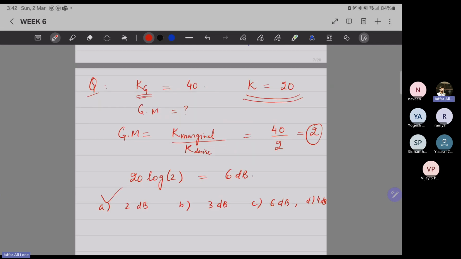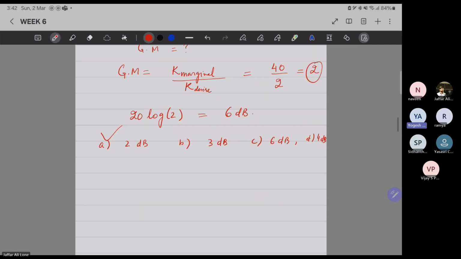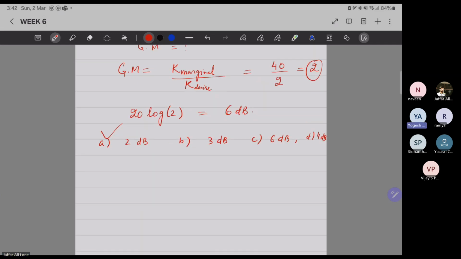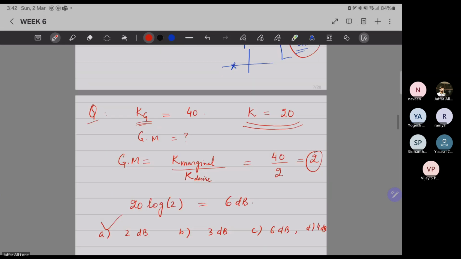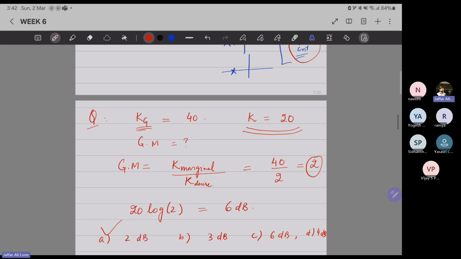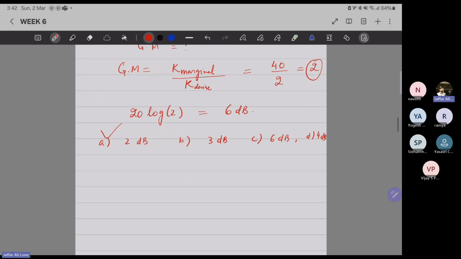But it's given in decibels, so you have to be very careful. Right, so now let's do one good question. So gain margin is equal to K marginal upon K desired, like the operating value of gain.